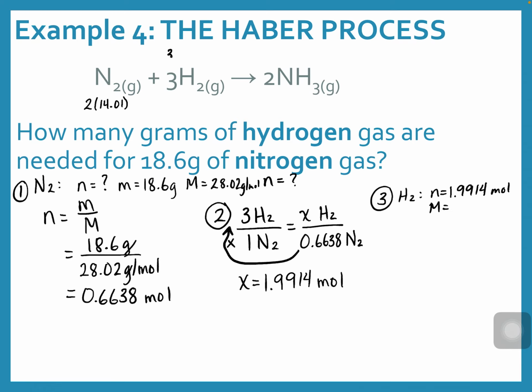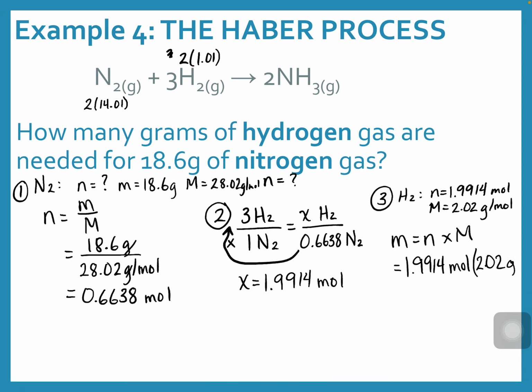My molar mass is 2 atoms of hydrogen, so 2.02 grams per mole. And to solve for my mass: mass is equal to number of moles times molar mass. So I have 1.9914 moles times 2.02 grams per mole.